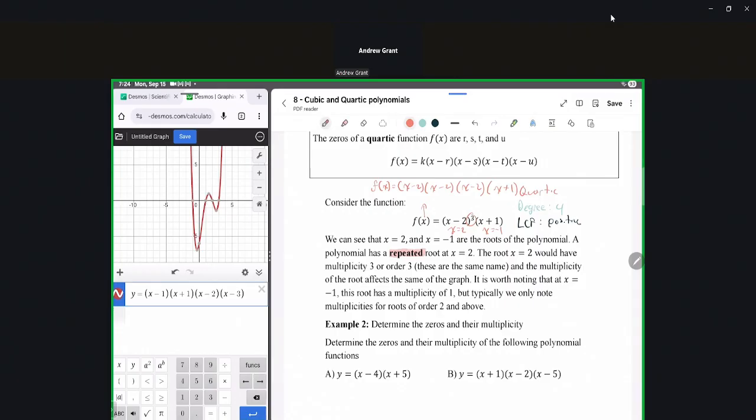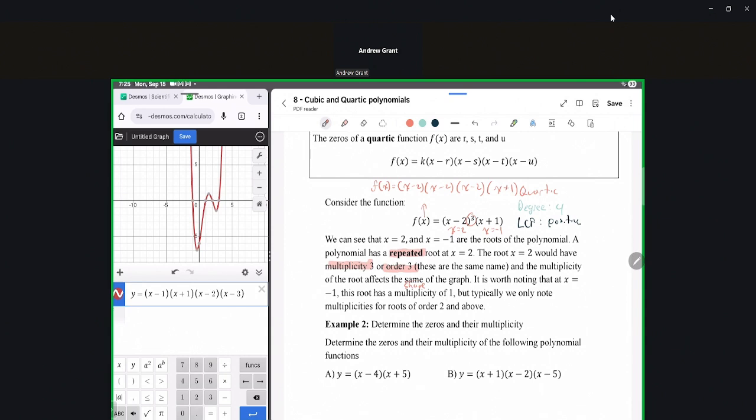The root x equals 2 would have, we say, multiplicity 3 or order 3. Depending on what textbook you read through, they will use these interchangeably. And the multiplicity of the root affects the shape of the graph. It's worth noting that at x equals negative 1, this does have a multiplicity of 1, but we don't really notice that.